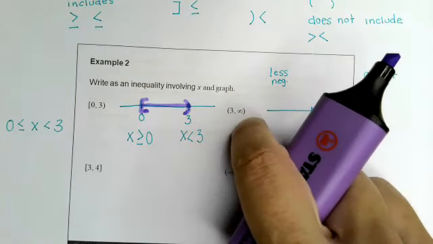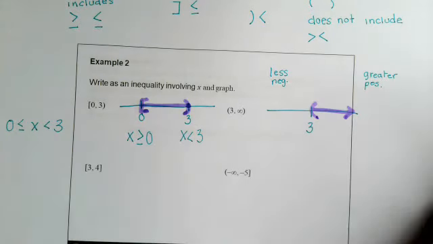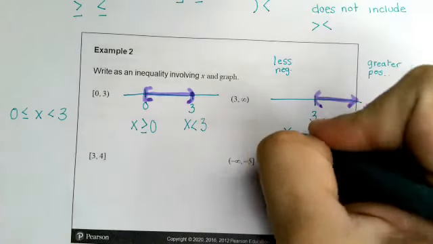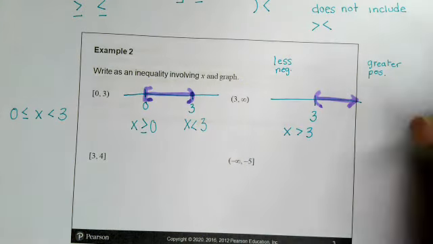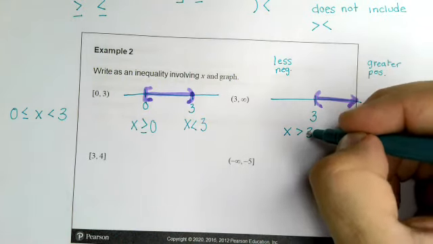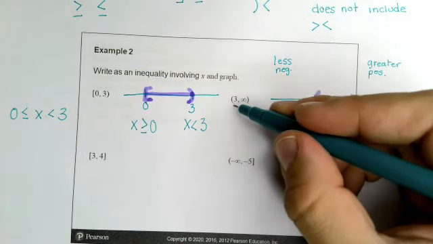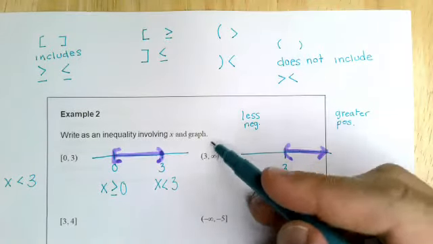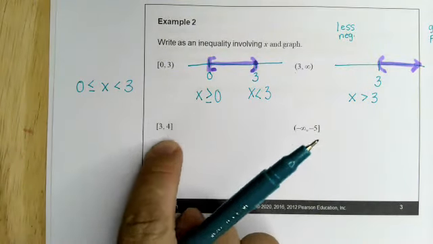And it does not include, right? So here, X is greater than 3. Because over here is going to be 4, right? 4 is greater than 3, but it does not include 3. All right, between 3 and 4.